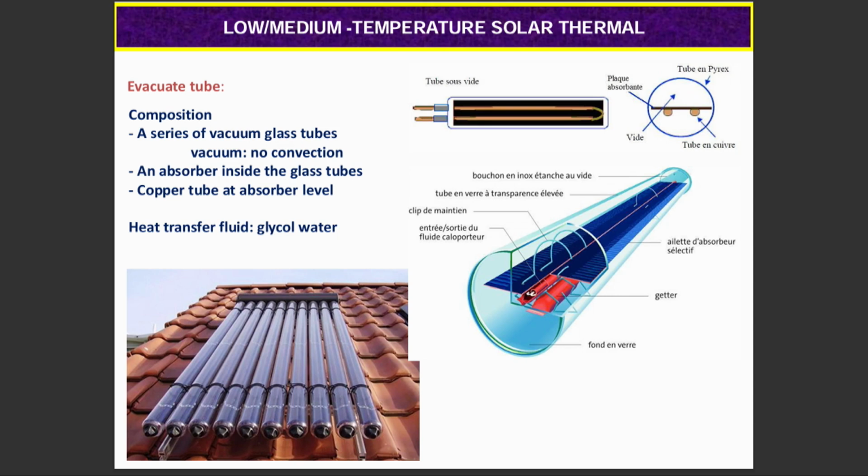When you evacuate this air, so there is no air, no gas, you erase this loss due to convection. Of course, it couldn't have a flat shape, because if you lay it like a flat shape, there will be an implosion of your glass. So it is in this way that there is a cylinder.